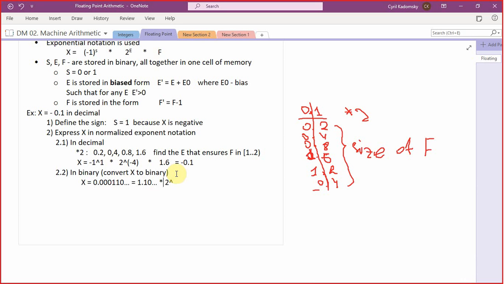Okay, so minus 4. Why minus? Because the value we should get is bigger than the one we started from. So, to obtain this one from this one, we must divide rather than multiply. The difference between these two values is 4 positions. In binary, 4 positions are 2 power 4.